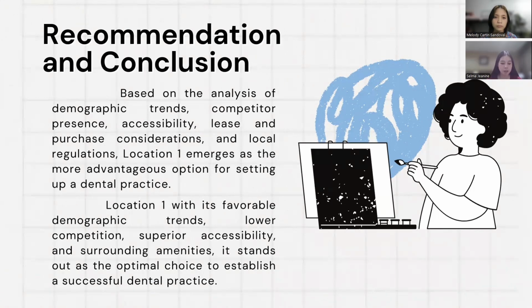Furthermore, Location 1 offers excellent accessibility, being situated beside a major street with visibility from outside the establishment, which may attract walk-in patients more effectively. Although both locations involve high lease costs and strict agreements, Location 1 is surrounded by amenities such as a leisure mall, security, and convenience shops, potentially improving the overall experience for both patients and staff.